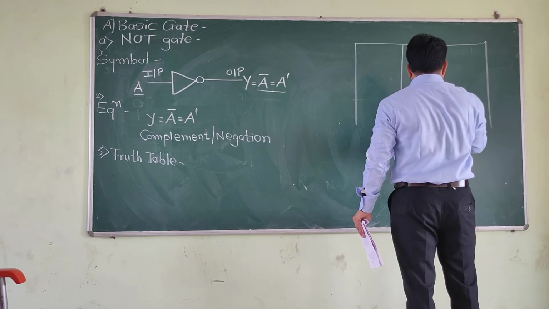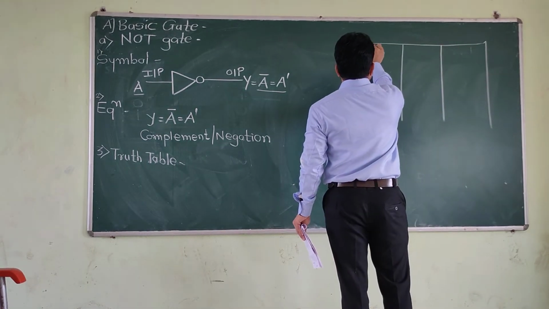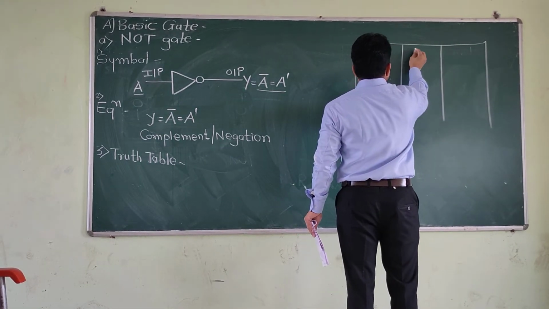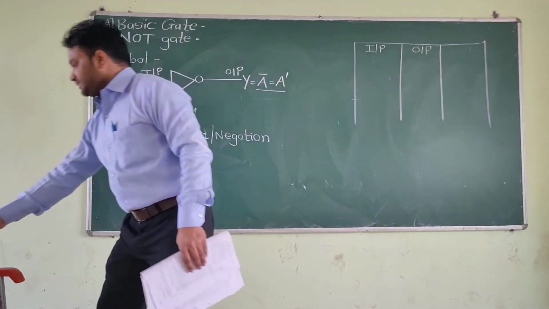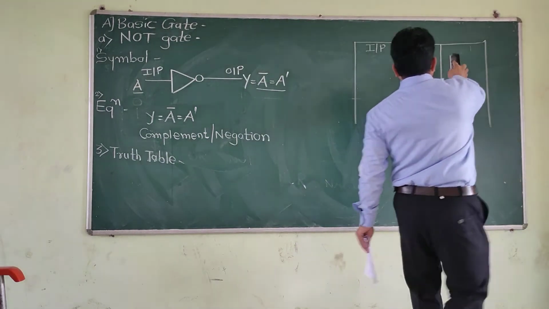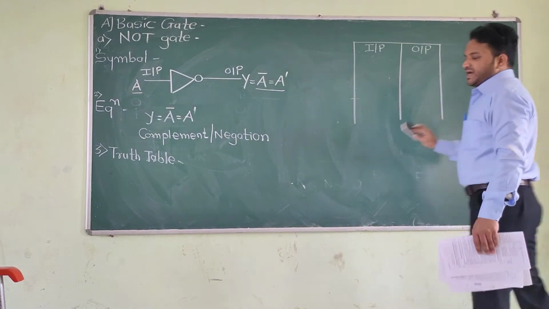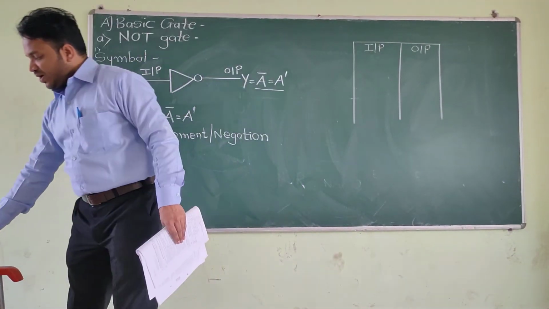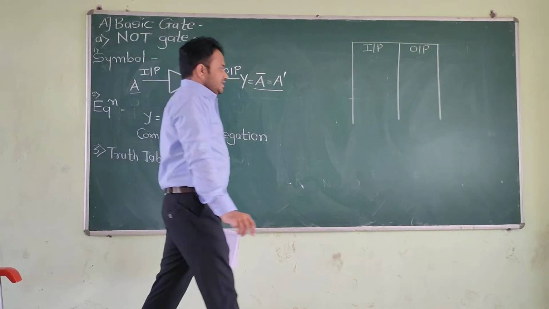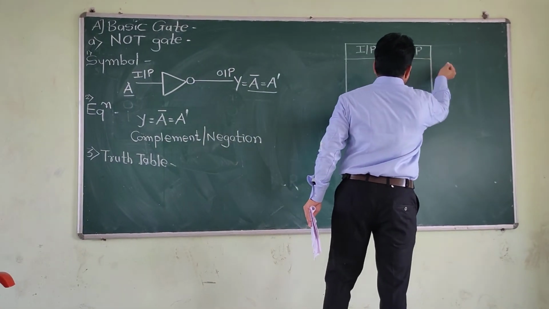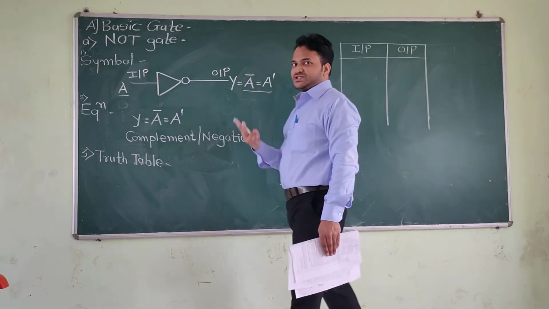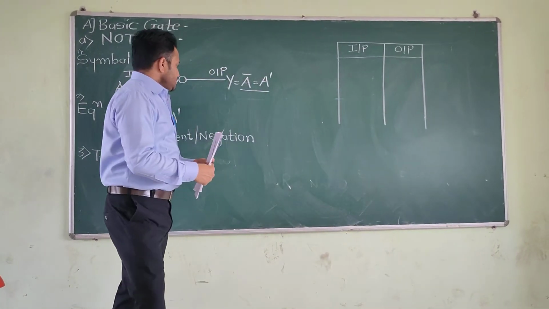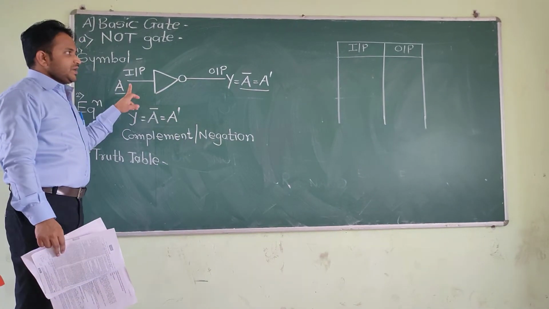In that, the first is input and the second is output. As we know that we are considering the binary number system, we have only two possible numbers, that is 0 and 1, and we know that the base of the binary number system is 2. So we need to consider only two numbers, that is 0 and 1.